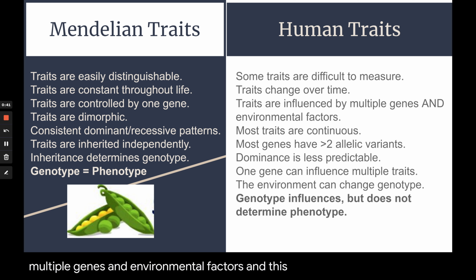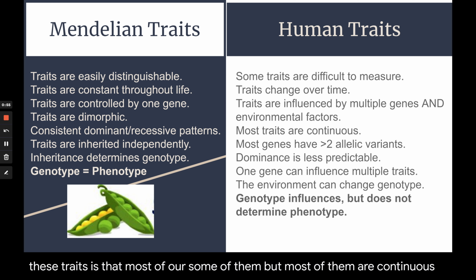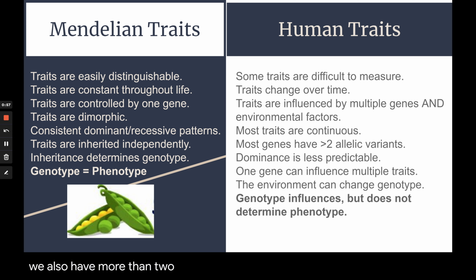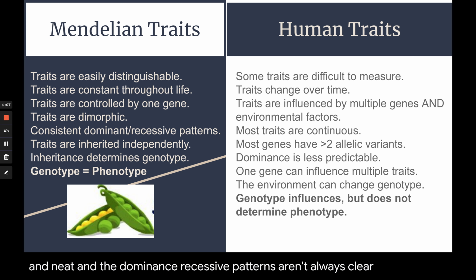And this relationship is bidirectional, it's very complex, and it's adaptive. And so, the other thing that we'll see with these traits is that some of them, but most of them, are continuous. We also have more than two allelic variants. So the inheritance patterns aren't nice and neat, and the dominance recessive patterns aren't always clear.